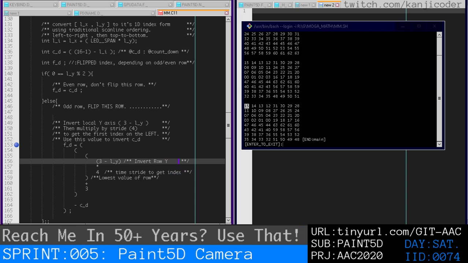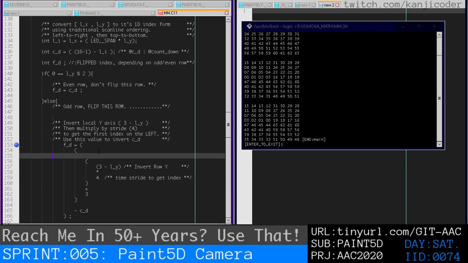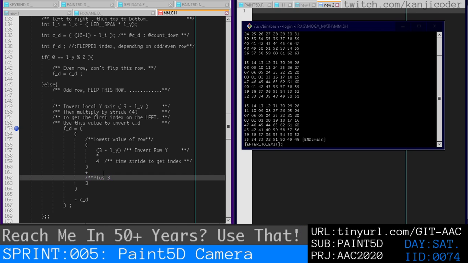So we're going to take this, multiply by 4, plus 3 to get highest value of row.